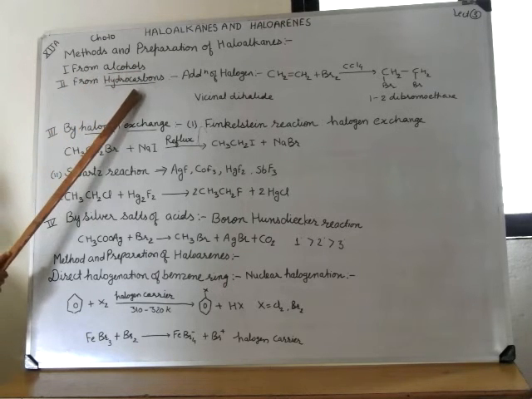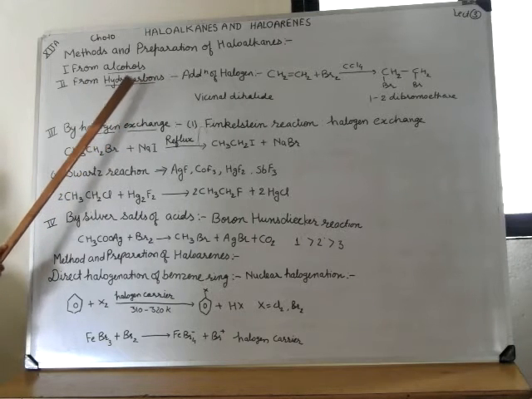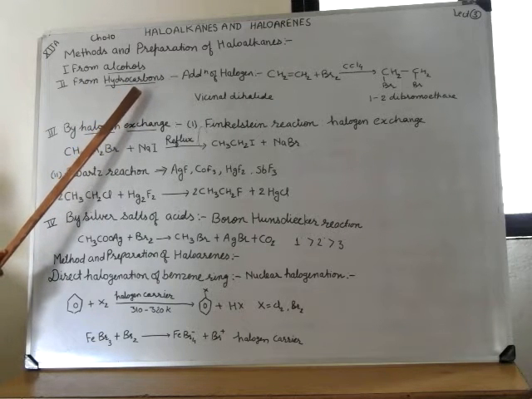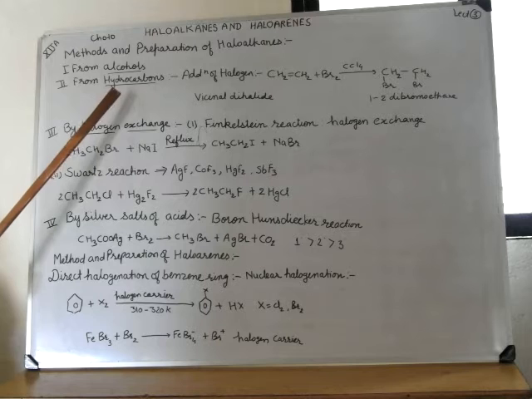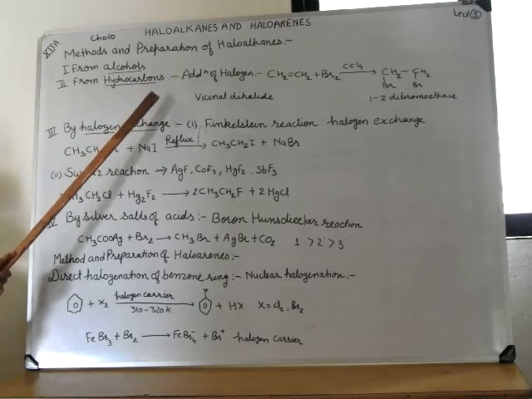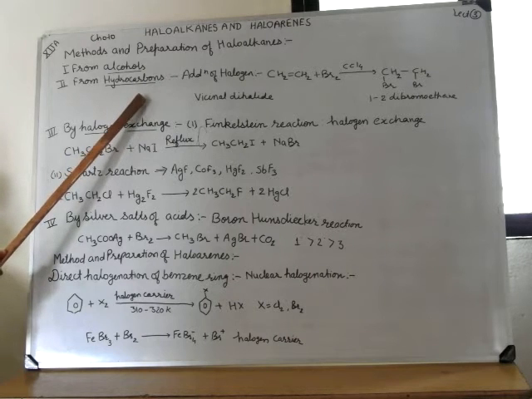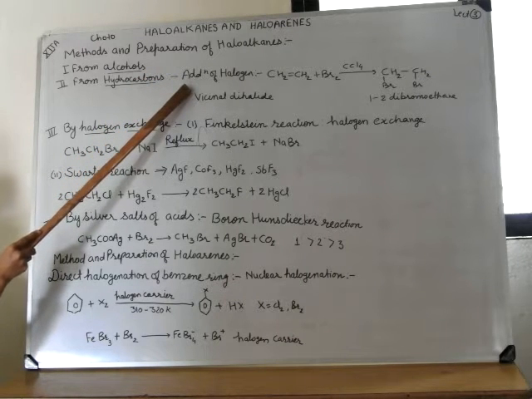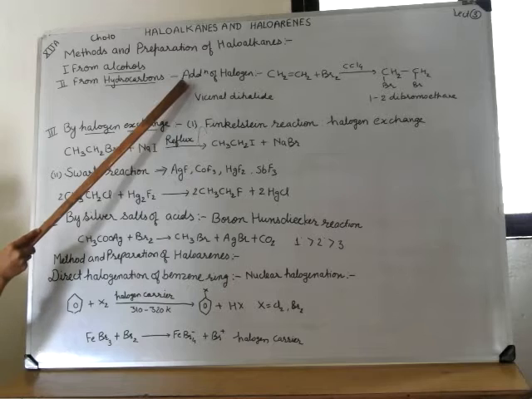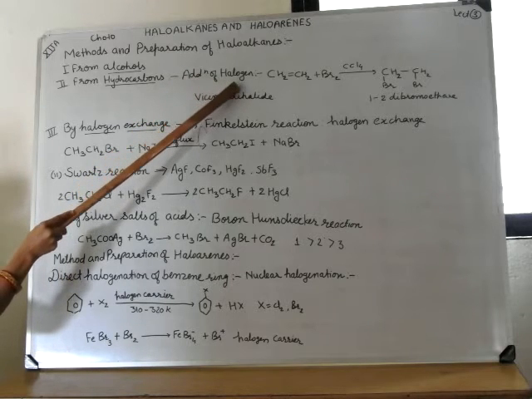Now from hydrocarbons. In hydrocarbons, last time we studied Markovnikov's rule and anti-Markovnikov's rule, and now we study the addition of halogen.